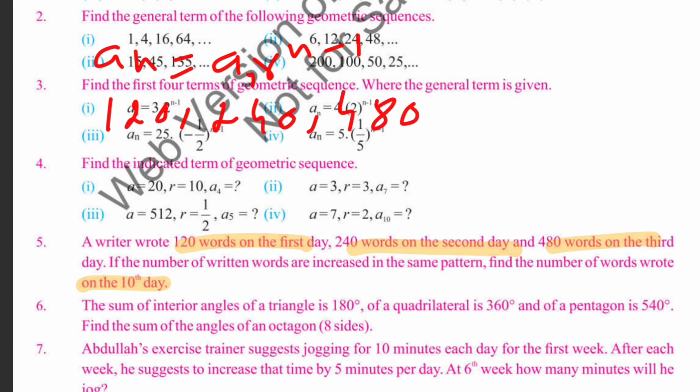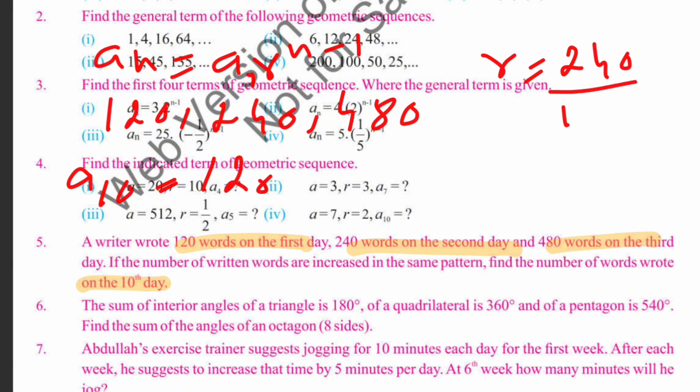Now we find the 10th day, it means n is 10, a1 is 120, and r we find here, r is equal to 240 divided by 120, 120 cancel, and 2. 12 multiplied by 2 here is 24, r is equal to 2, and also here is 10 minus 1.